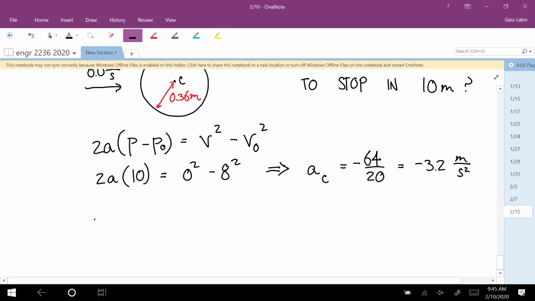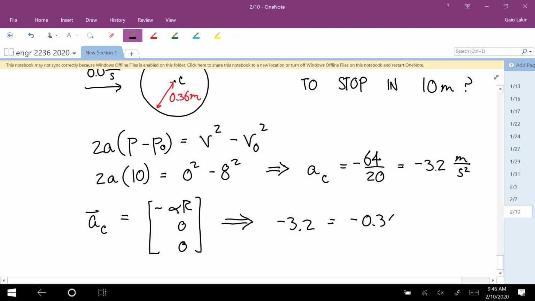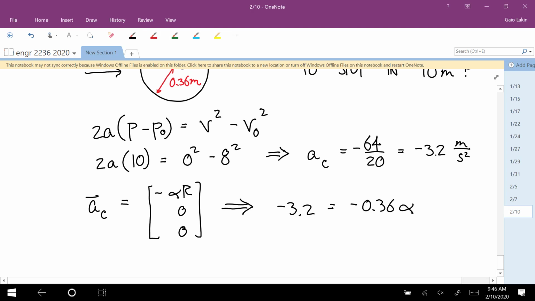And now the acceleration of the center we know is equal to negative alpha r, 0, 0. So negative 3.2 is equal to negative 0.36 alpha.